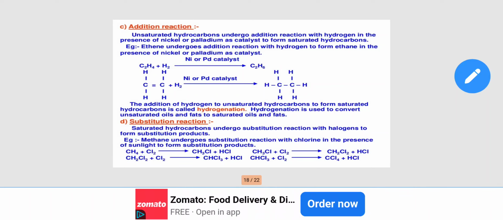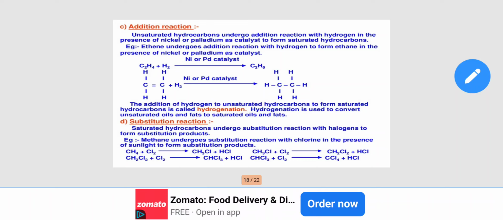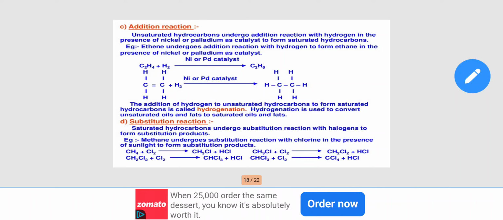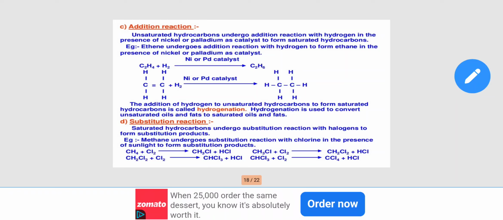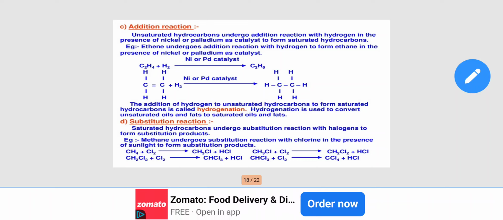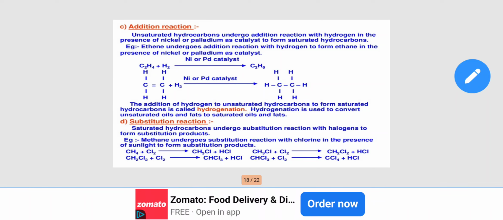C2H4 plus H2 gives C2H6. The double bond will be broken. The addition of hydrogen to an unsaturated hydrocarbon to form a saturated hydrocarbon is called hydrogenation.